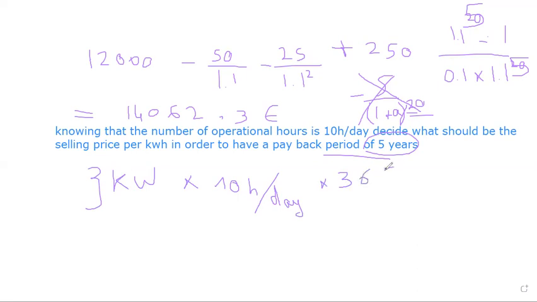So this will give you the number of kilowatt hours. And then to get your return in money, this number of kilowatt hours should be multiplied by the selling price, S, which is in euros per kilowatt hour.